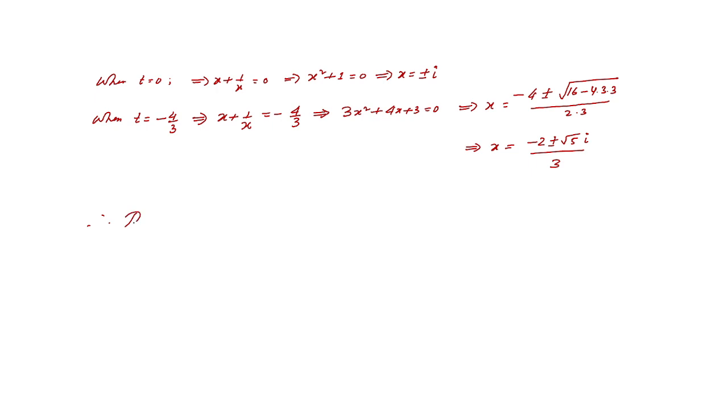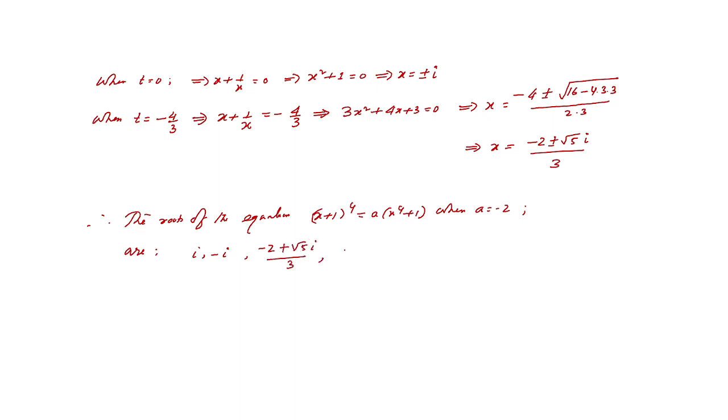So what are the roots? Therefore, the roots of the equation (x + 1)^4 = a(x^4 + 1), when a = -2, are i, -i, (-2 + i√5)/3, and (-2 - i√5)/3.